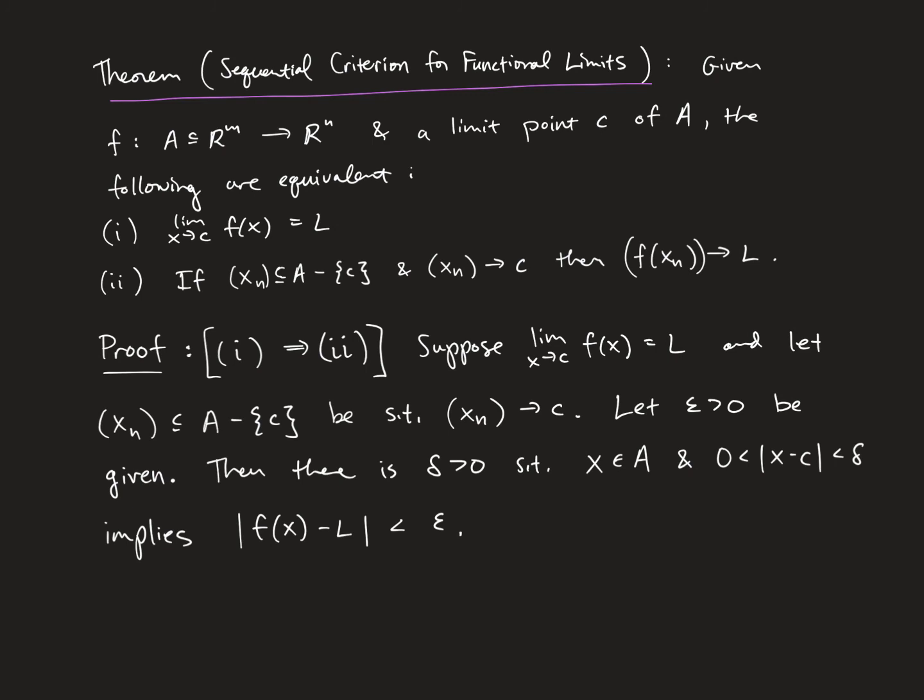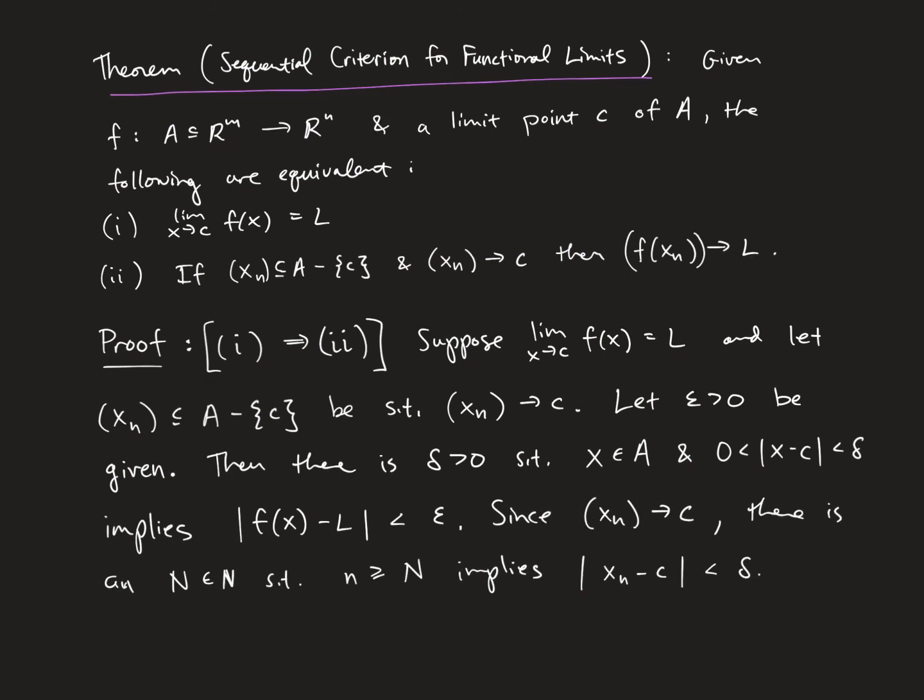Okay, so since xn converges to c, there is an N such that little n bigger than or equal to big N implies that the distance between xn and c is less than delta.